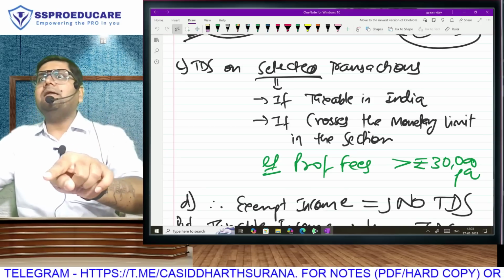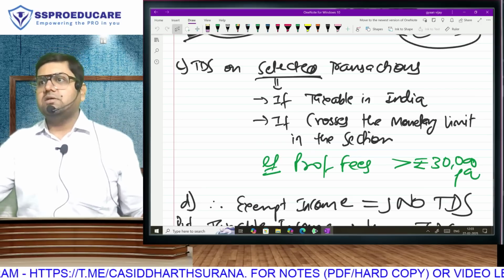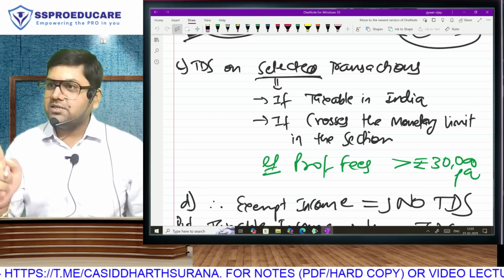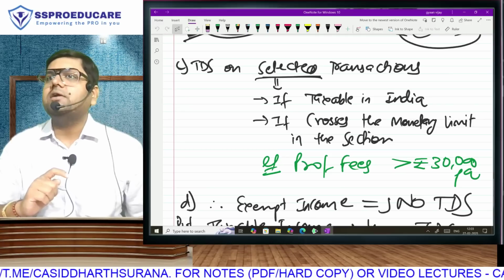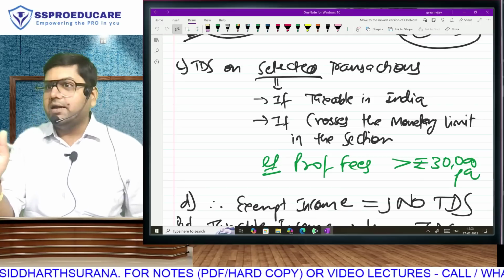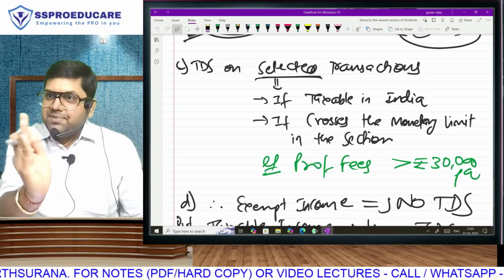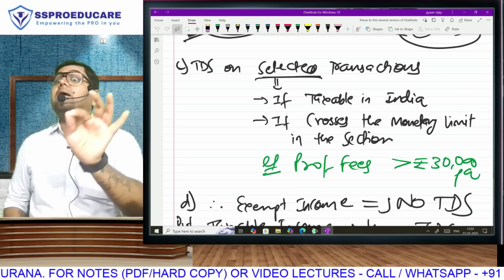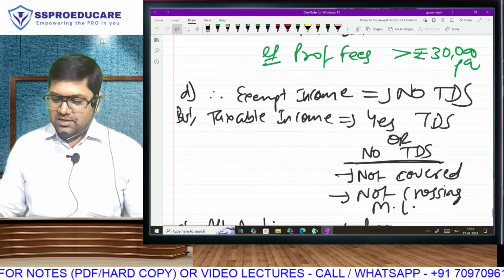But on taxable income, there may or may not be TDS because TDS does not come on all the payments. It comes on selected payments. You paid the chai wala for your tea, or you ran away from there. You did not deduct TDS because TDS does not come on all payments. You don't deduct TDS till it is taxable for him. So one thing is clear that income may be taxable, but there may not be TDS. But if income is exempt, then there is definitely no TDS. Correct? We discussed that also.